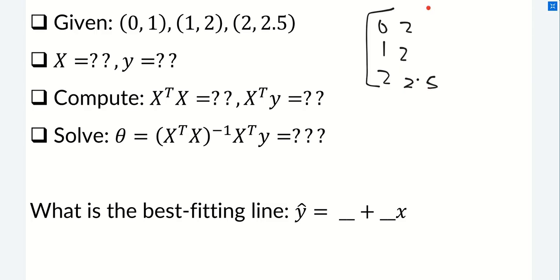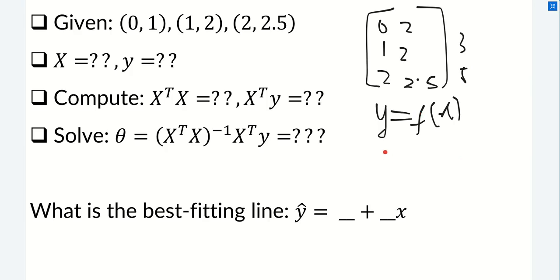Now, we are using linear regression, so we are going to determine our y, which is equal to f of x. That means if I put in any value, maybe 3, or let's say even 5, my model is supposed to give me an answer, right?